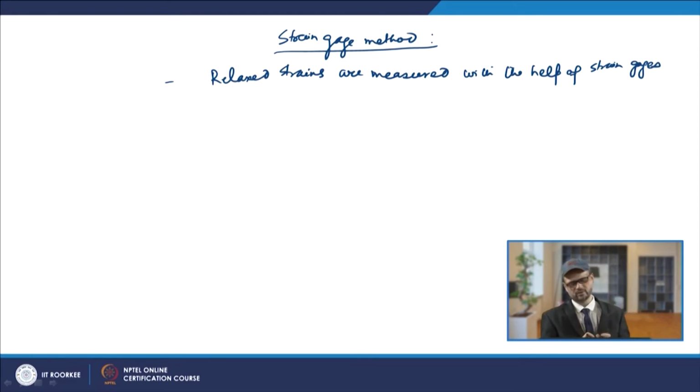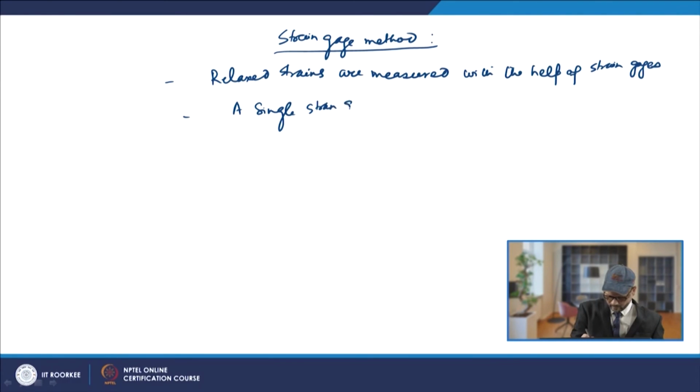You may have a single strain gauge, or you may have many. A single strain gauge is preferred for measuring uniaxial strains.